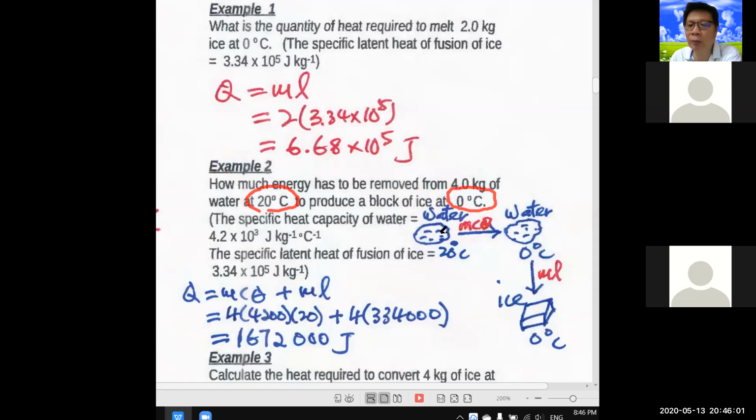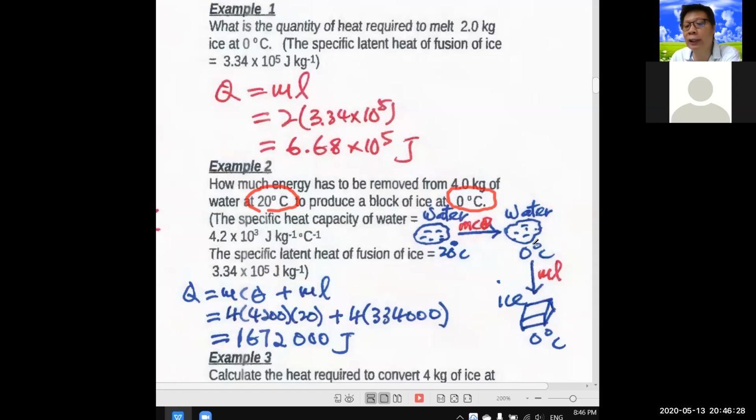This part involves a change in temperature, no change in state. This is mcθ, specific heat capacity, because it only involves a change in temperature. The state is still water, so not latent heat. So remember, mcθ is here.